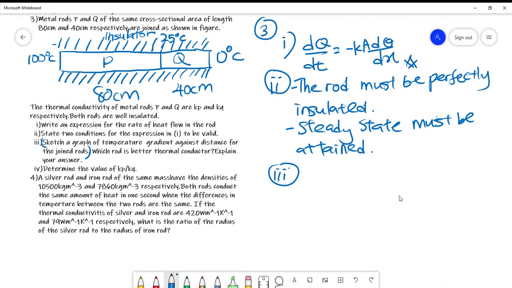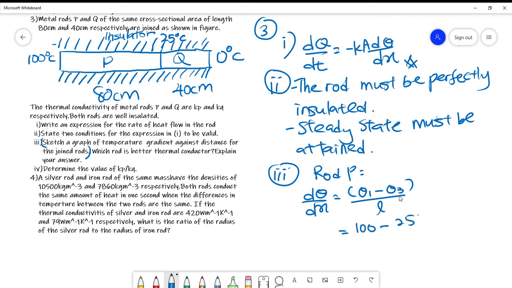Okay, so let's do it. For the first one, rod P, the temperature gradient for rod P is theta 1 minus theta 3 divided by L. My theta 1 is 100 and this is 25. Wait, let me check again.